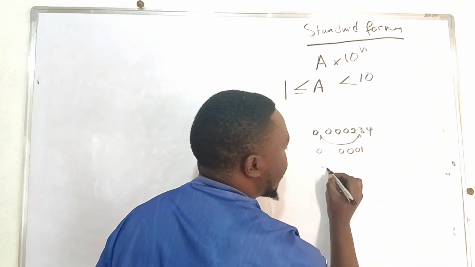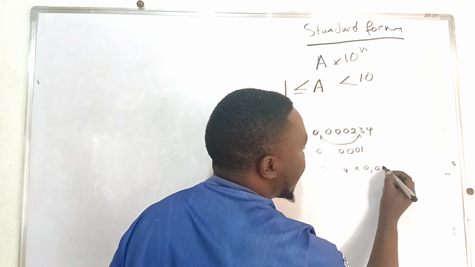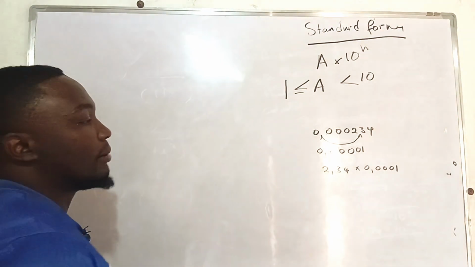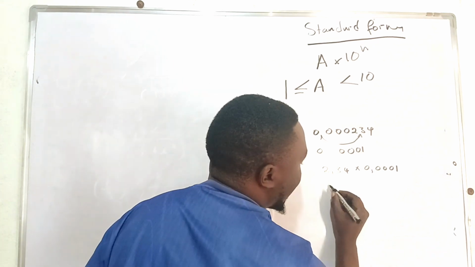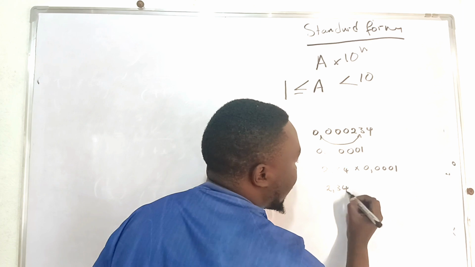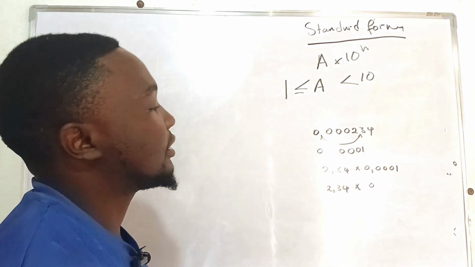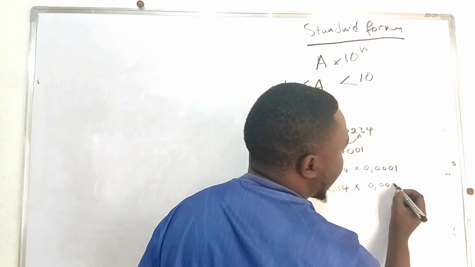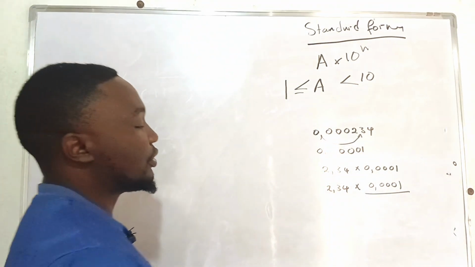So you're going to write 2.34 multiplied by 0.0001. We're going to multiply by that number. Remember, we learned how to change decimals into fractions. So changing this decimal into a fraction, we're going to have 2.34 multiplied by 1 over.